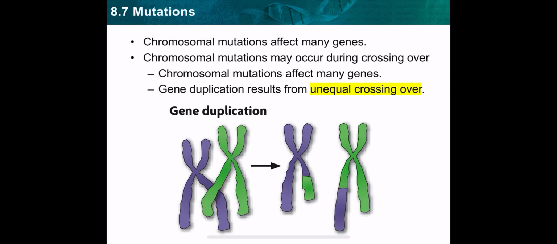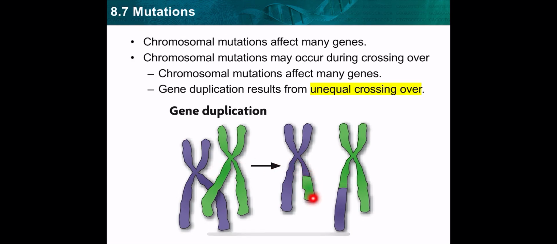What does it mean? It means that if those two homologous chromosomes exchange segments, the green part that will transfer to the purple one should equal the purple part that will transfer to the green one. But sometimes during mutation, there is unequal crossing over or unequal exchanging of segments.